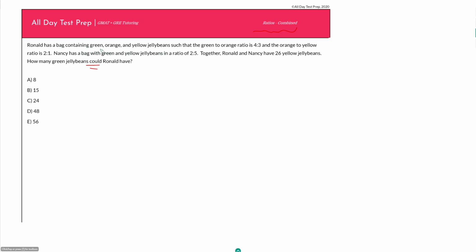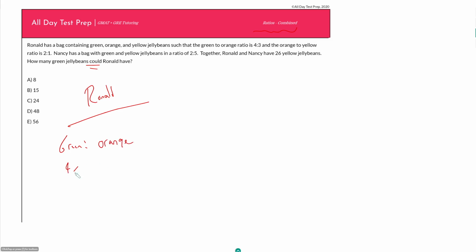So Ronald has a single bag with 3 types of jelly beans in them. And they give us 2 different ratios though. So Ronald has green to orange as 4:3.